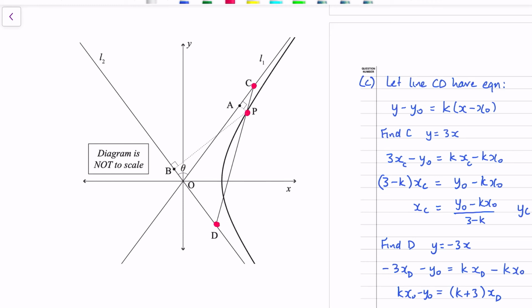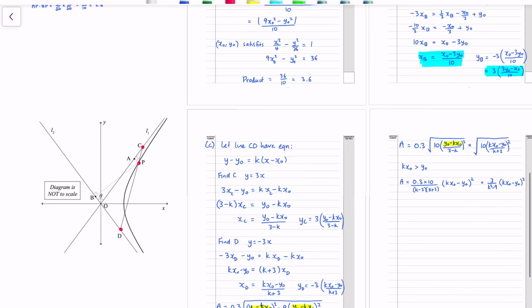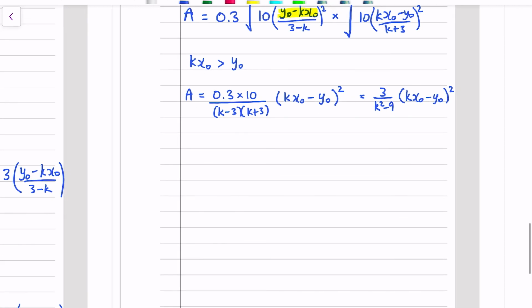I rearranged that equation, and it gave me quite a simple expression for lambda. Lambda was equal to y0 plus 3x0 over 3x0 minus y0 times k minus 3 over k plus 3.